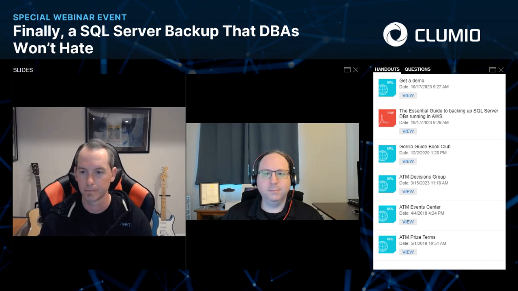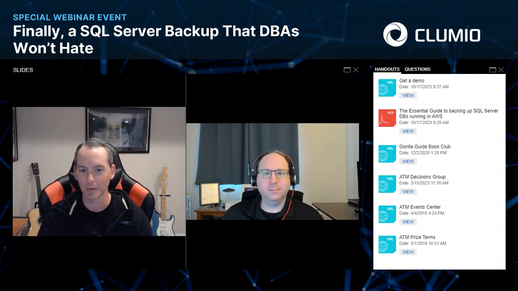Excellent, thank you. Another question that we had: are you failover cluster instance aware? Yes, we are. Simple answer, but we are completely FCI aware, both the AAG side as well as the FCI. The nice thing I like to say with our solution is as soon as you add the host and the EC2 host into the Clumio environment, we know right away if it's FCI or AAG.